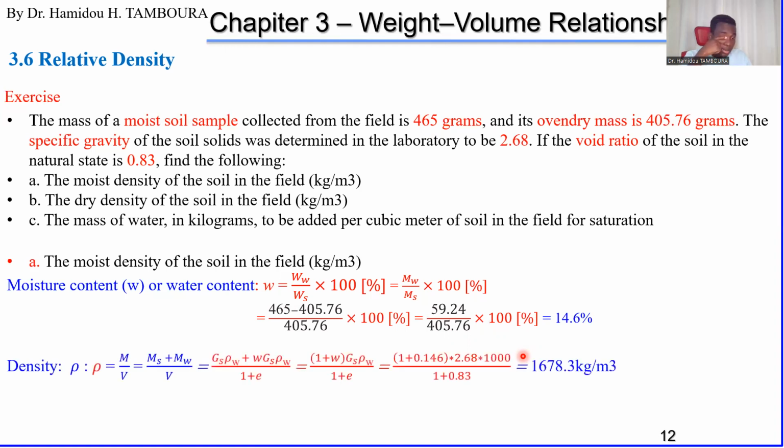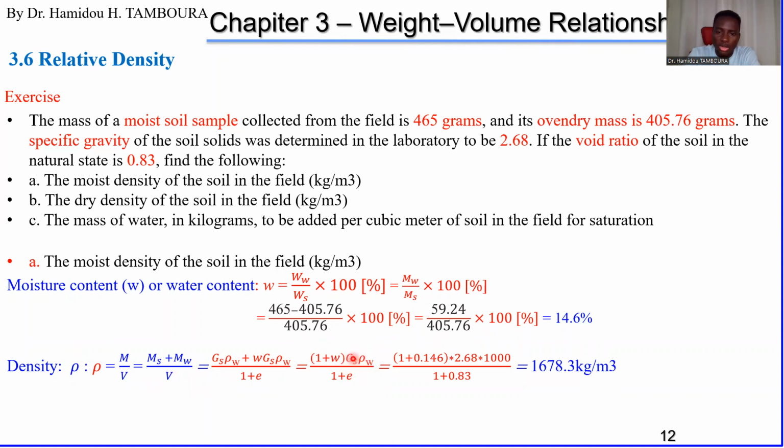Okay. And the moist density now, because here it's not about unit weight, we are talking about density. So we have this formula. This is the definition of the density, mass divided by volume. So by using this formula, we can obtain this density: 1 plus water content, and we multiply by the specific gravity of soil multiplied by the density of water.